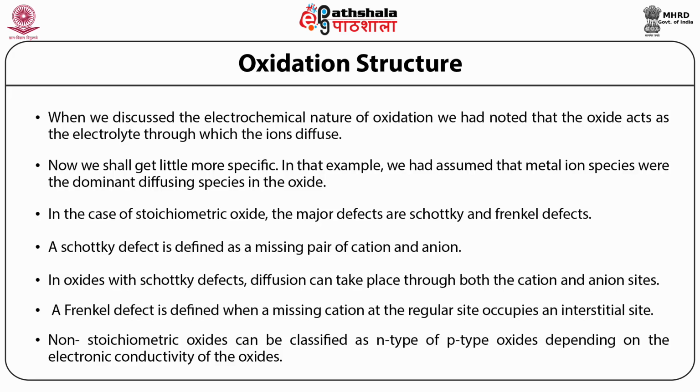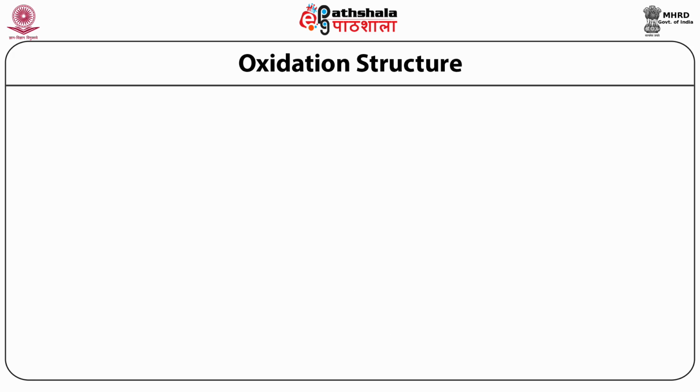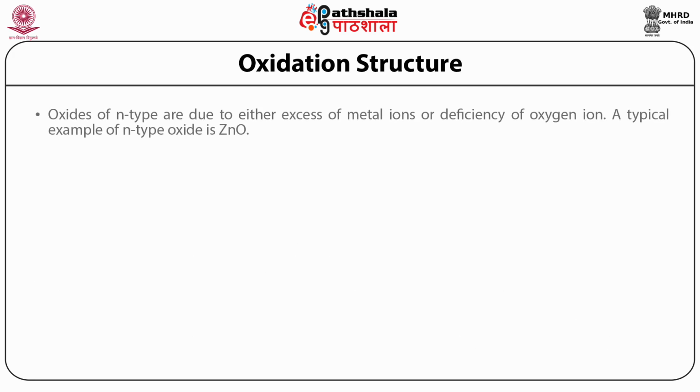Non-stoichiometric oxides can be classified as N-type or P-type oxides depending on the electronic conductivity of the oxides. Now, in the case of N-type oxides, there is an excess of metal ions or a deficiency of oxygen ions.